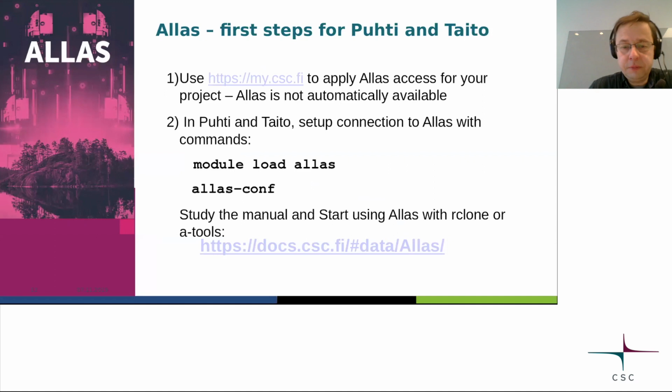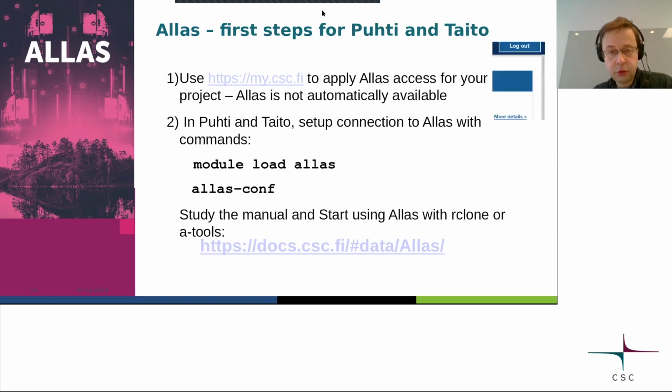So if you start using Allas in Taito or Puhti, what you first need to do is to make sure that your project has access to Allas. So you probably need to go to the puhti.csc.fi service. I can actually try to show it to you.